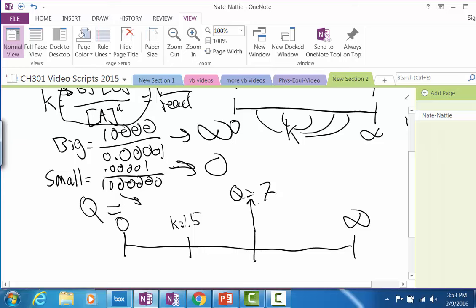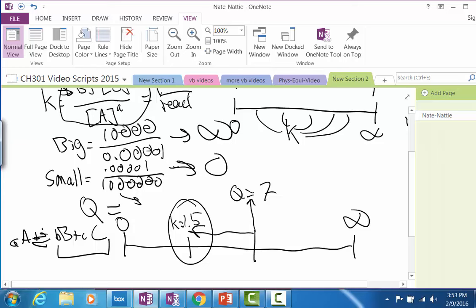Well, that's saying that right now I have a lot more products than I want. I'm really favoring this side, but in reality, I want to be somewhere towards the left. I always want to end up at equilibrium. That means that I've produced way too many products, or I started off with way too many products. I need to shift to the left, or shift to the reactant side.